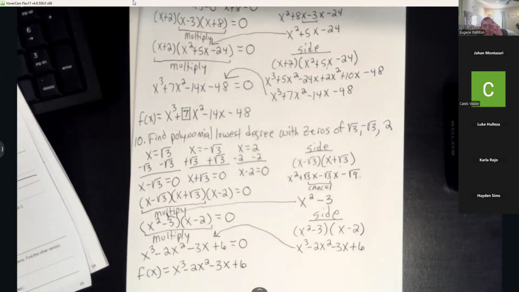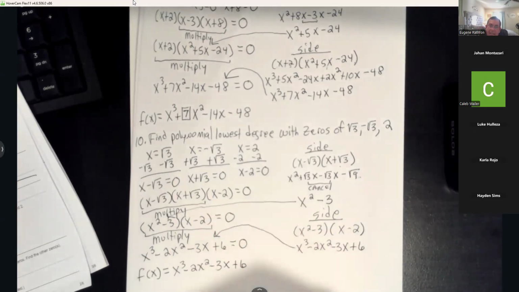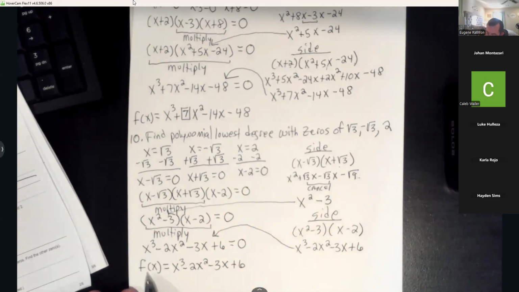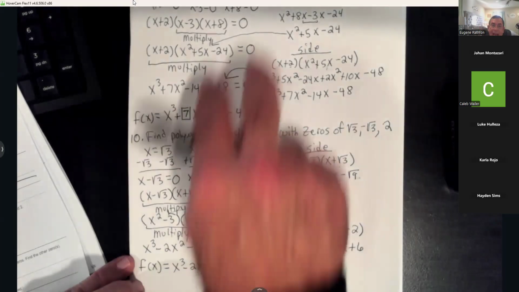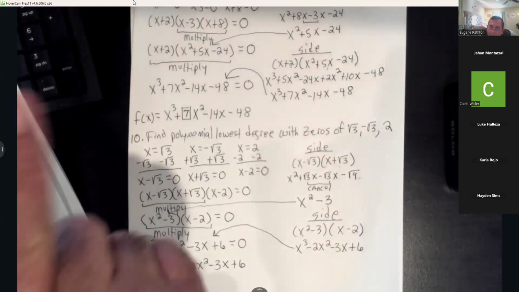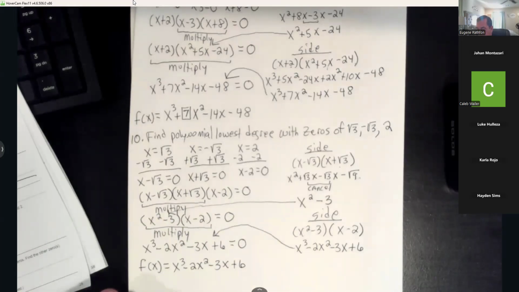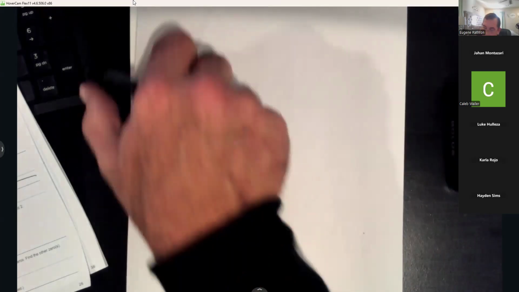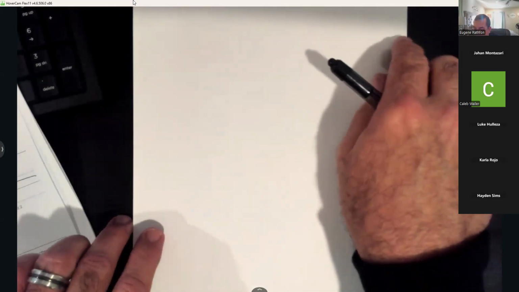So this one would have an A, B, C, D answer on it, and you want the one that matches your polynomial, okay? Honey, so notice 9 and 10, a lot of foiling, okay? All right, y'all, so let's go to, so number 11 won't be as bad.